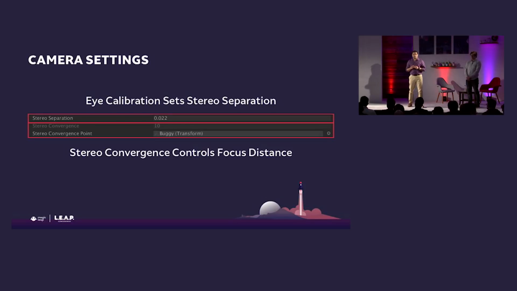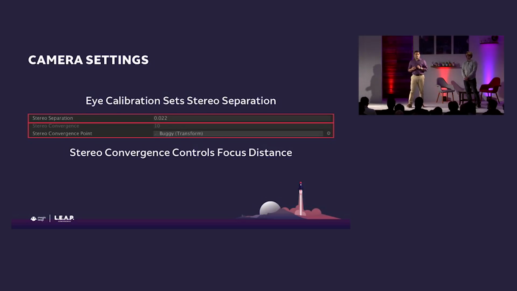The stereo separation value, also known as the interpupillary distance, gets overwritten at runtime by the eye calibration data. The stereo convergence distance is used for calculating the focus distance. The focus distance on our platform is used for selecting which depth plane is used for rendering.